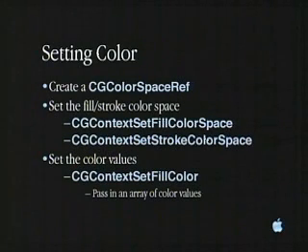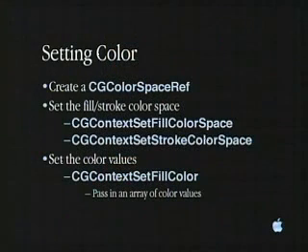So in order to work with color using our API, what you want to do is create a color space. It's one of the ones from the previous slides. Once you've created a color space, you can set it for both fill and stroke. So you can make calls to set the fill color space, and you can make calls to set the stroke color space.